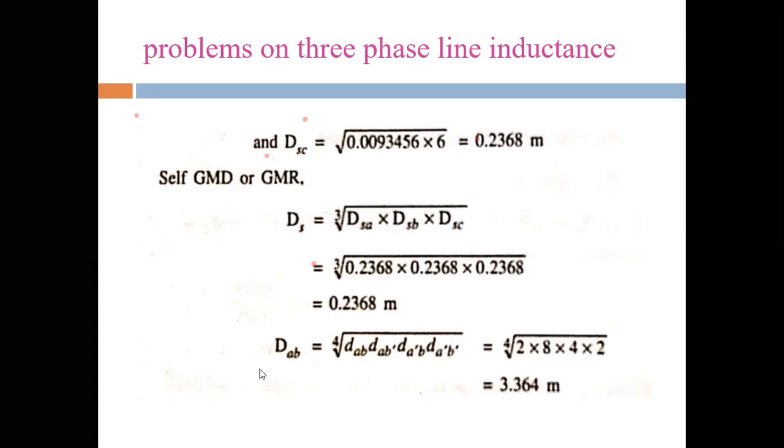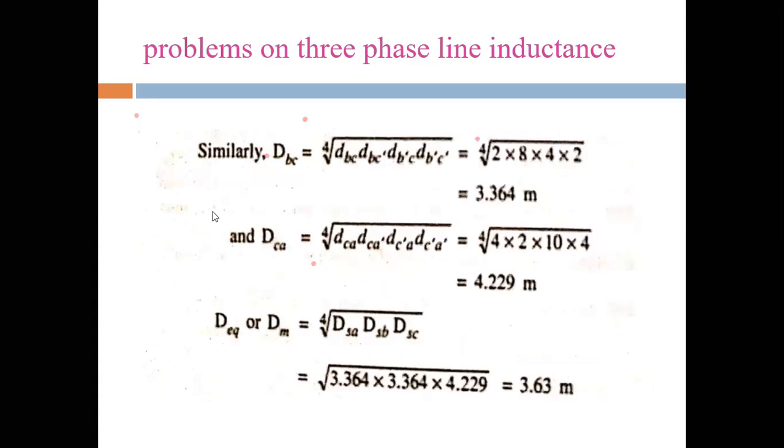That is DAB is equal to the fourth root of DAB, DAB dash, DA dash B and DA dash B dash. By using these formulas, we calculate Dm, which is equal to the DSA, DSB, DSC.